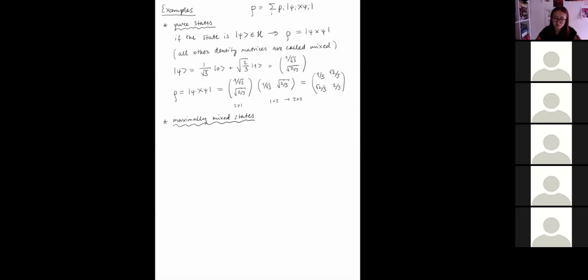Suppose that we have an orthonormal basis v_1, and so on, v_d, in a d-dimensional Hilbert space.